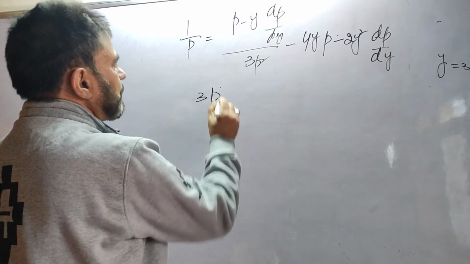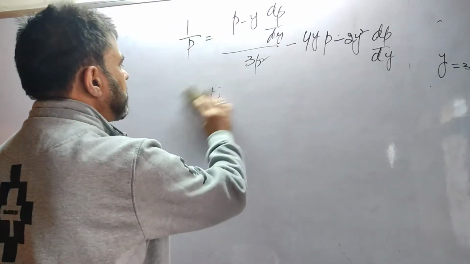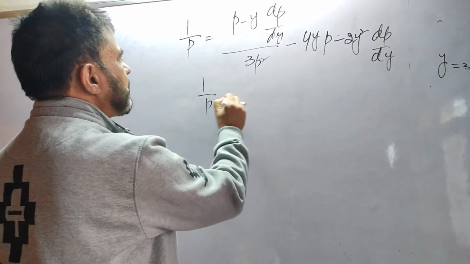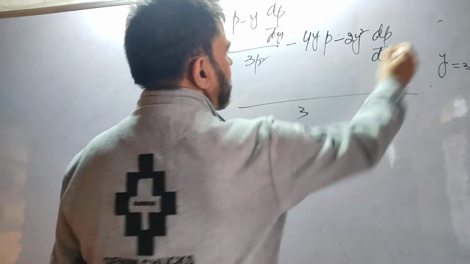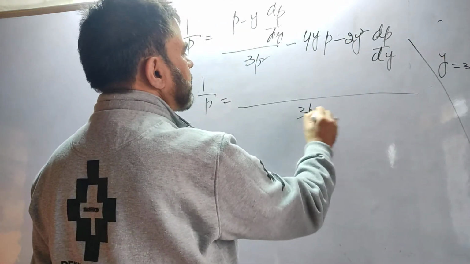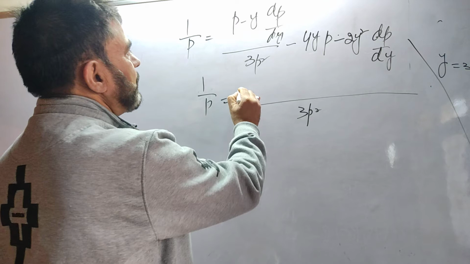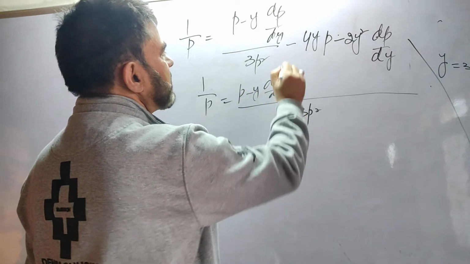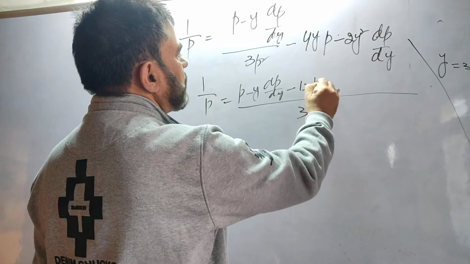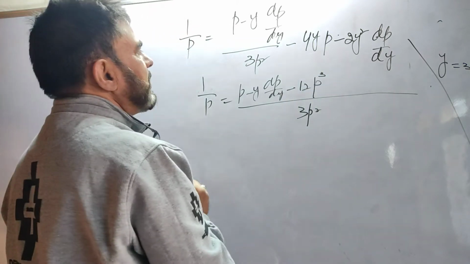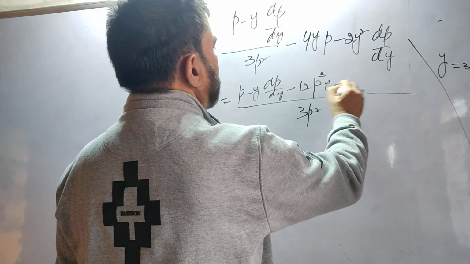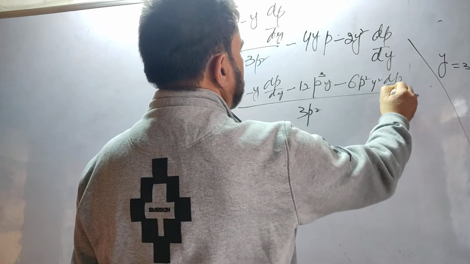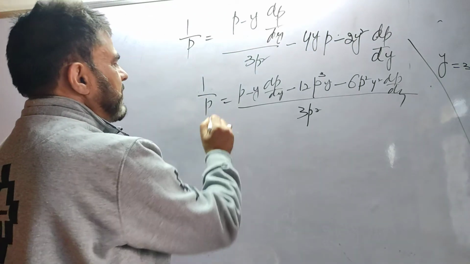Let us take LCM. 1 by p is equal to, over 3p square, p minus y dp by dy minus 12p cube y, then minus 6p square y square dp by dy.